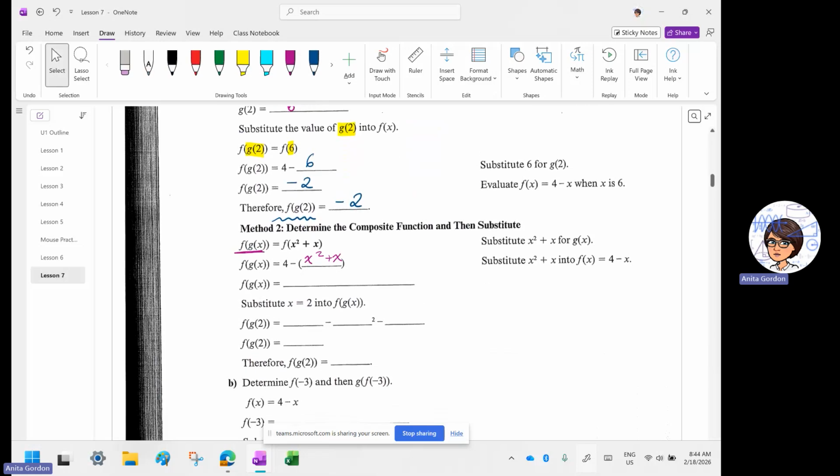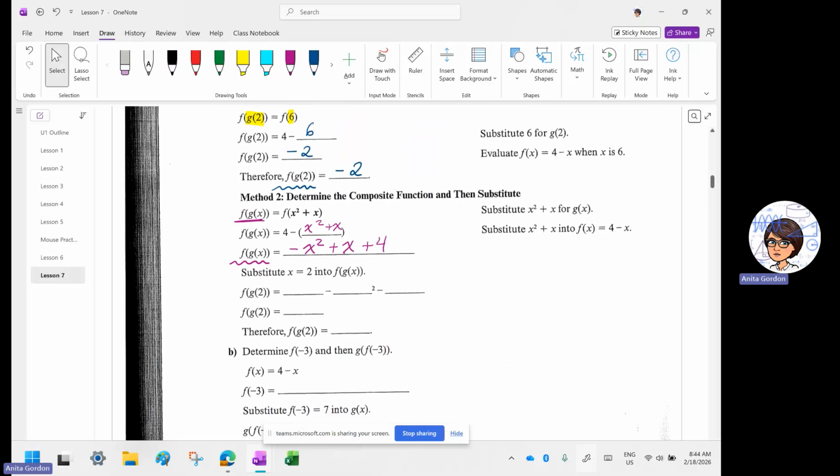You could find the general composition first, which would be -x squared plus x plus 4. This is the general f of g. And now that we have a composed function, we can do a direct substitution of 2.